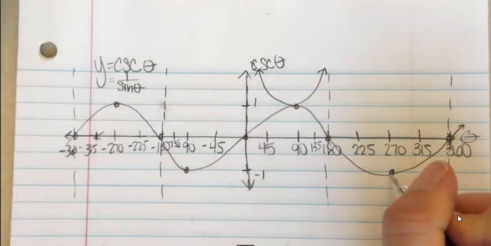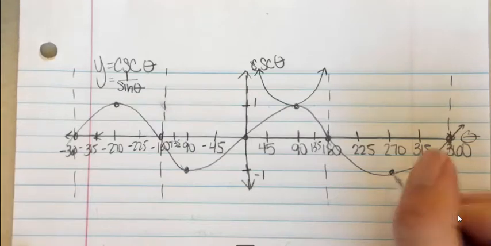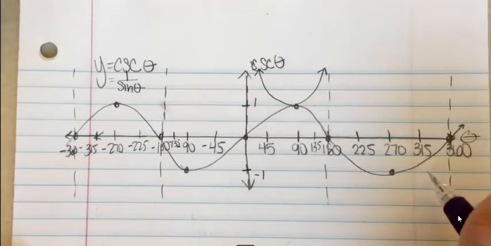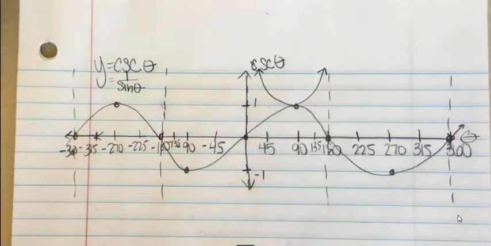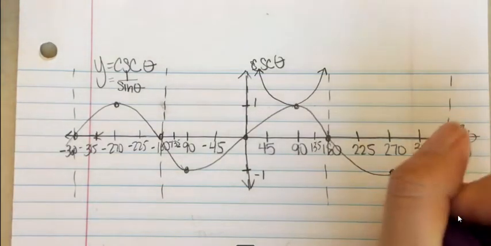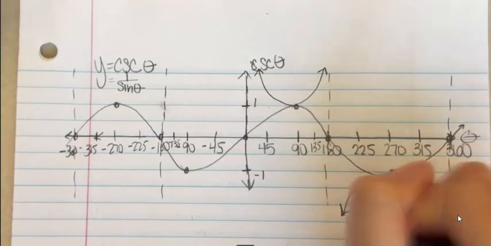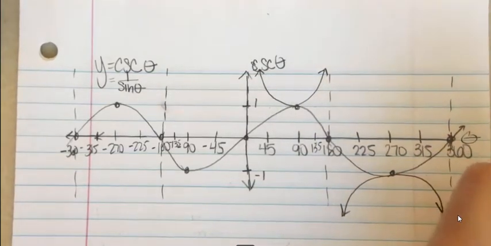Whereas at 270, sine is negative 1. So divide 1 by negative 1, you get a negative 1 output. And then like at 225 and at 315, the outputs are negative root 2 over 2. So you're going to end up with a negative output. Again, we're just approaching these asymptotes.